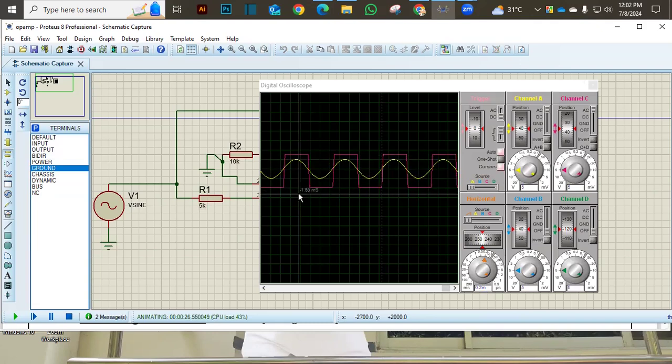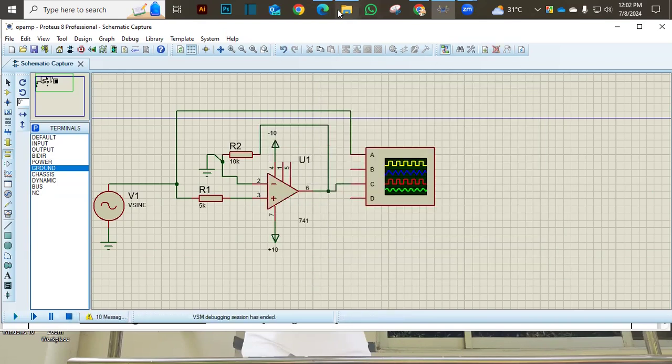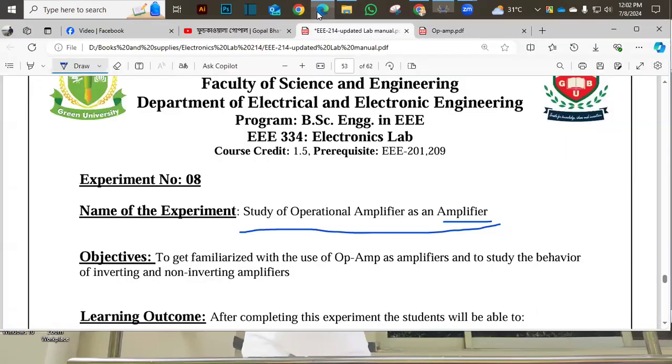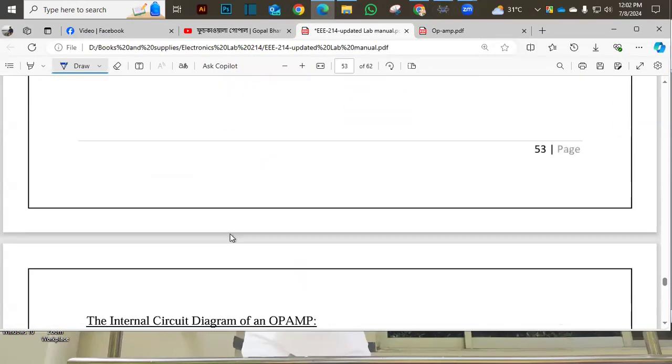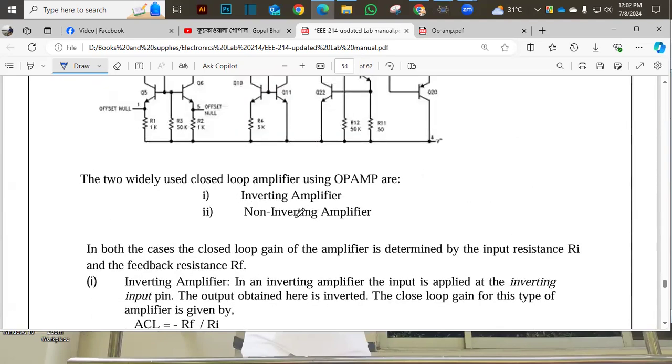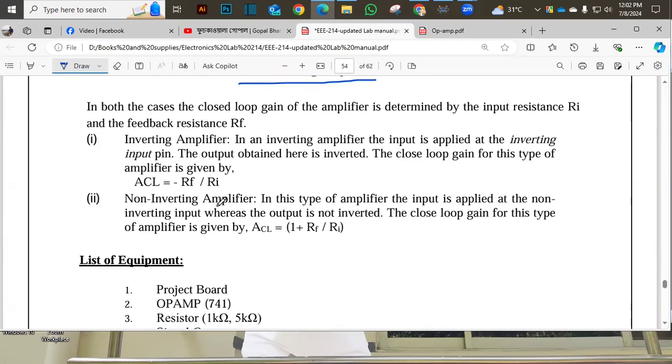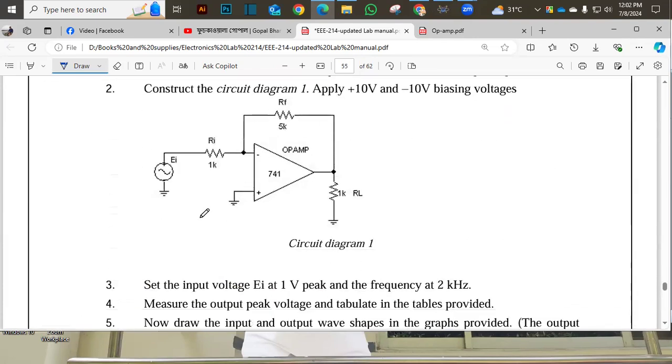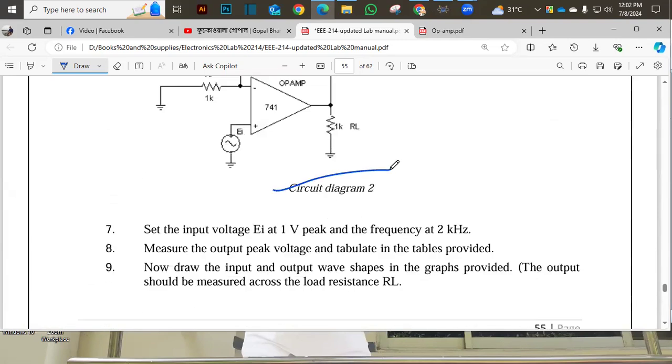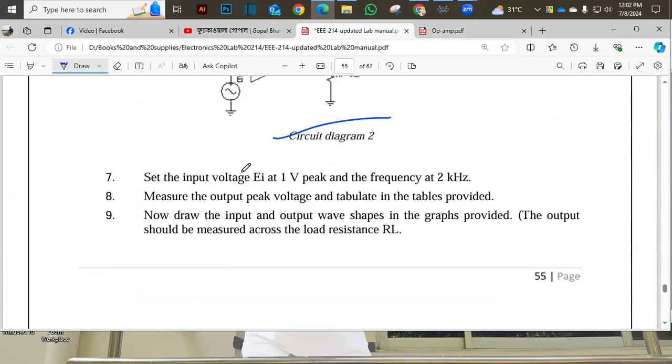That means a positive amplifier. There are two types of amplifier using an op-amp, which are the inverting amplifier and the non-inverting amplifier, where this is the circuit diagram shown here, and this is the circuit diagram for the non-inverting amplifier.